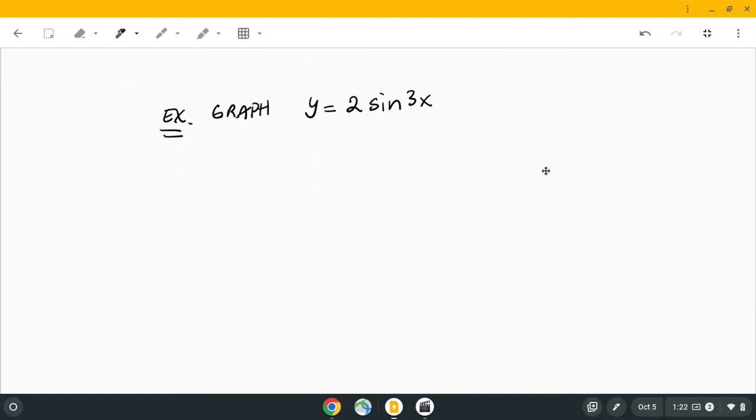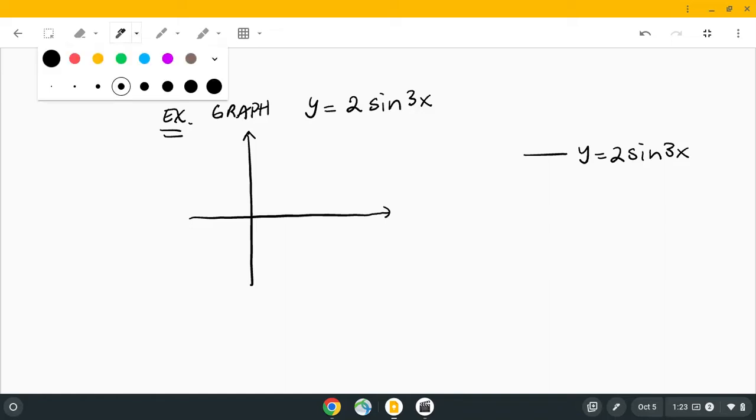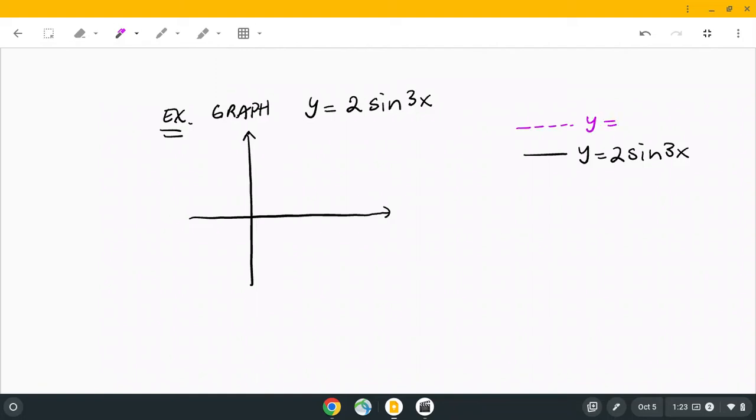I am going to graph over here, and the solid one will be my final one, 2 sine 3x. I'm going to do the original one and then stretch it. The purple will be y equals the basic y equals sine x.